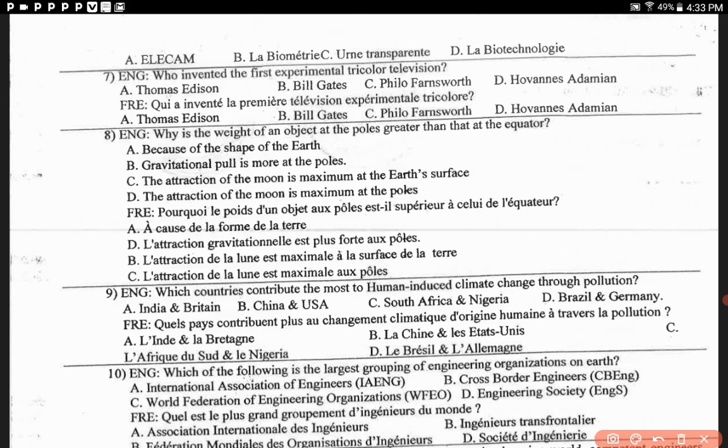Now, the question says which countries contribute the most to human induced climate change, meaning climate change that's induced by humans through pollution. The answer is nothing else but B, China and USA. Okay, why?